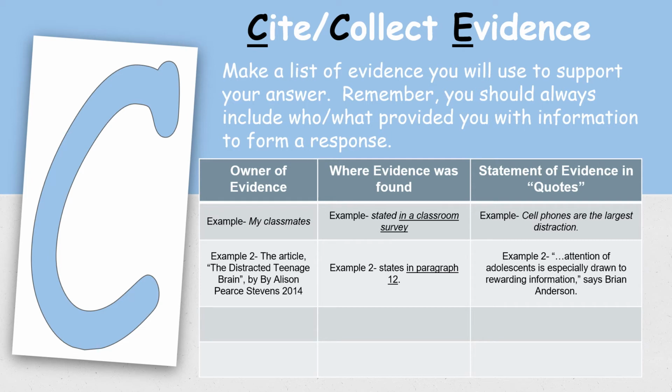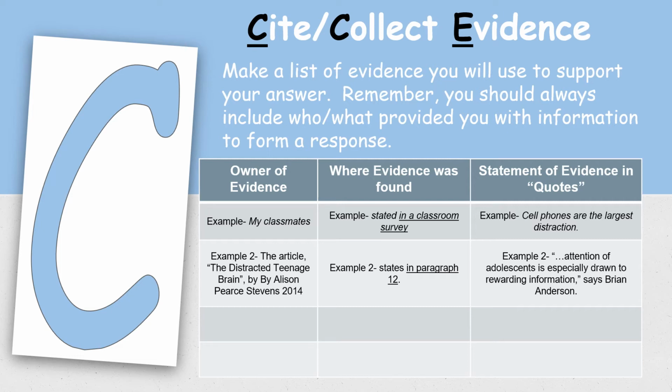You should always include who or what provided you with the information you used to form your response. So I gave you an example in this chart of making a column for owner of evidence, then to the right, making a column for where evidence was found, and then the third column is to write what that actual evidence is and write it in quotes.